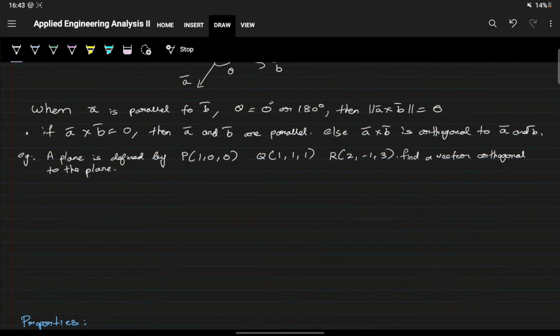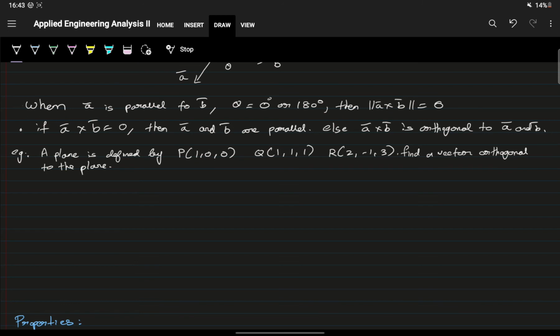Let us see this with an example. A plane is defined by the coordinates p, q, r. Please pay attention, these are the coordinates, not the vectors in the three-dimensional space. And we need to find the vector orthogonal to the plane.